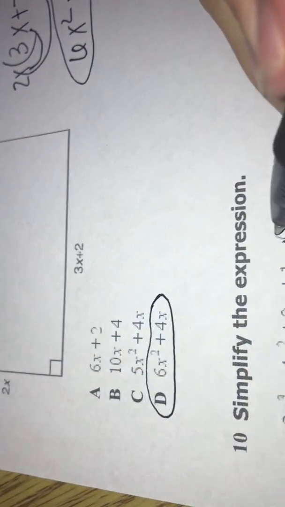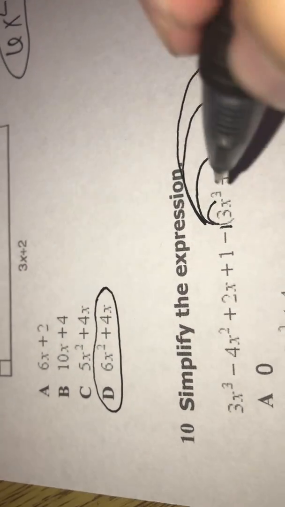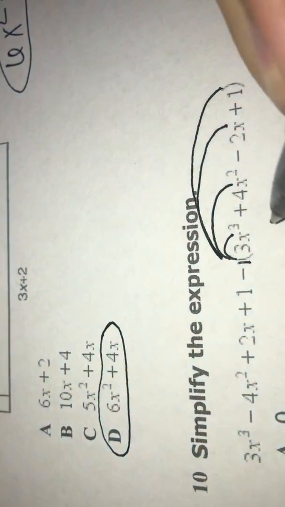And since there's a negative right there, we have to multiply everything in these parentheses by that negative. And since there's no number there, we know it's automatically a 1. So negative 1 times 3x cubed is, let me rewrite it down here so we'll have room, negative 3x cubed.